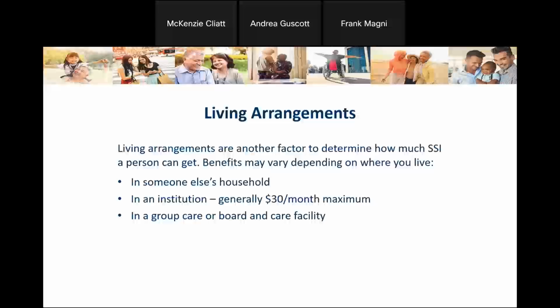In some cases, it's more. And the amount that an individual gets can change based off of group care and board, or what type of facility they are in. Once again, another one of those common questions: why is person A getting a monthly amount off SSI and person B getting something different? As I'll talk about a little bit more over the next couple of slides, there are so many different factors that can determine eligibility for SSI because it is that needs-based type of program. Next slide, please.